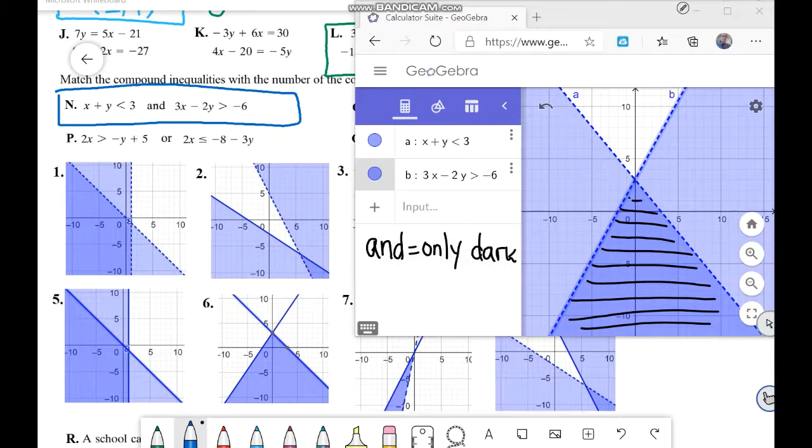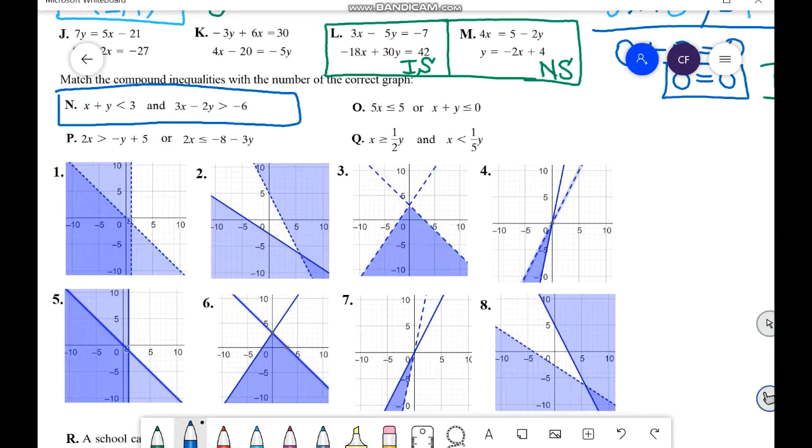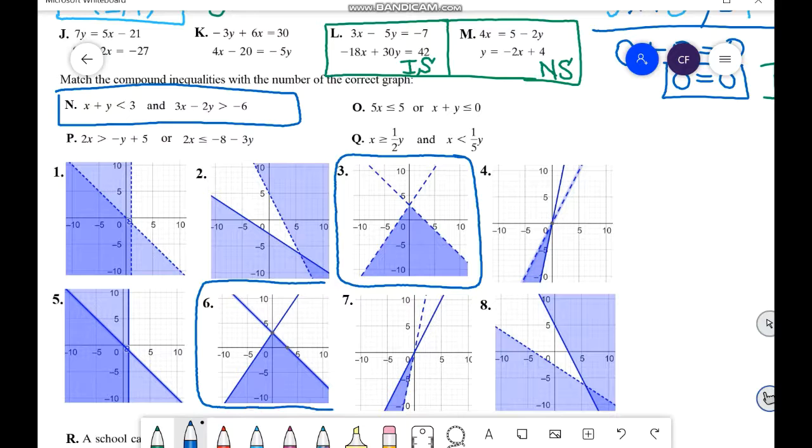Now let's find what is the right answer. The lines are dashed, both lines are dashed, and we have the dark blue area here on the bottom. The possible options are number 3, and we also have number 6, that looks like the same thing.